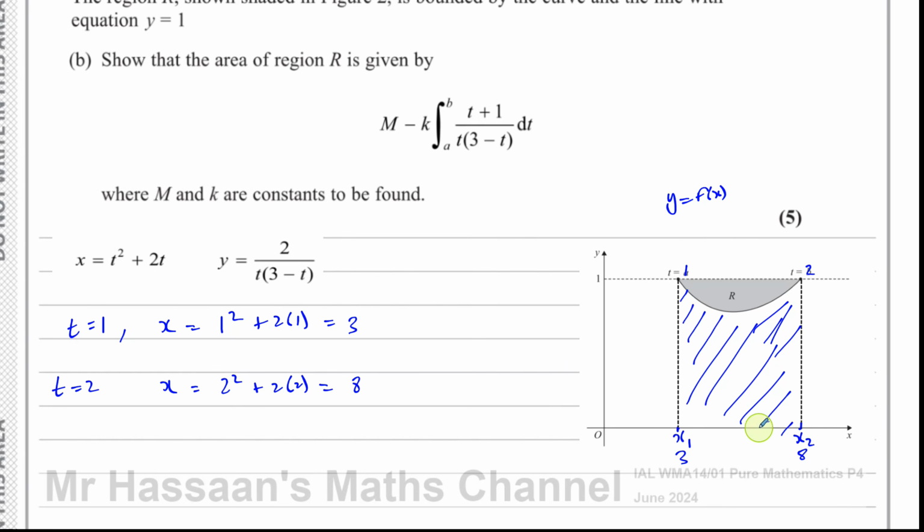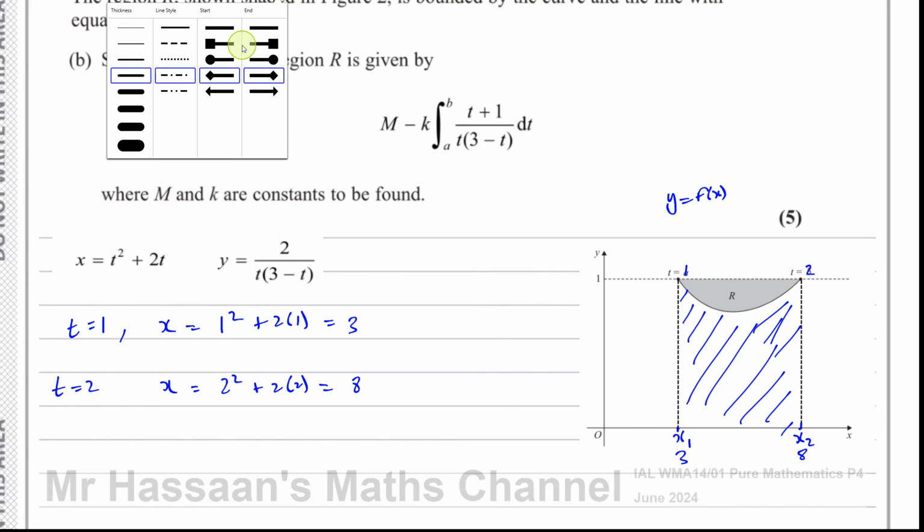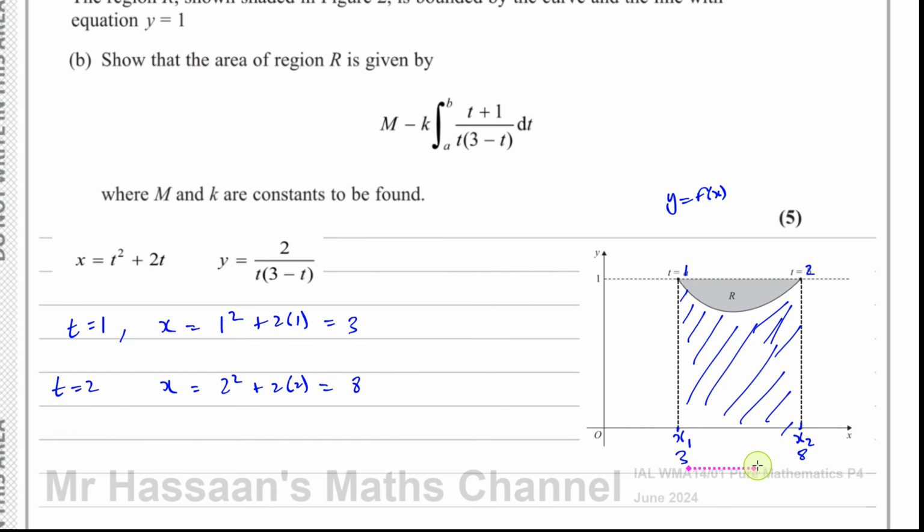Okay, so we can see that the area of this rectangle will be easily found now by just multiplying the width by the height. Okay, and we can see that the width of the rectangle is 8 minus 3, which is 5, and the height is 1.